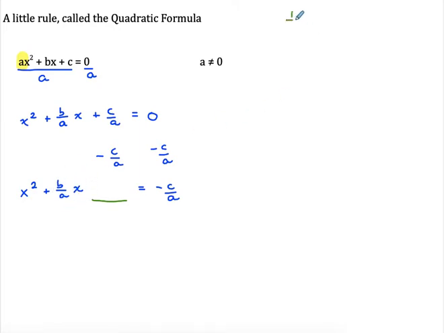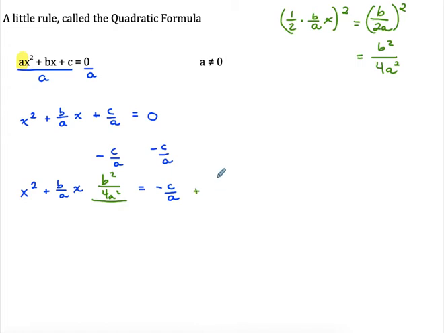So if I take half of b over a x and then square it, and this is just a little scratch so I can figure out what I've got, that would be b over 2a squared, which would be b squared over 4a squared. Okay, so I'm going to add b squared over 4a squared to both sides.